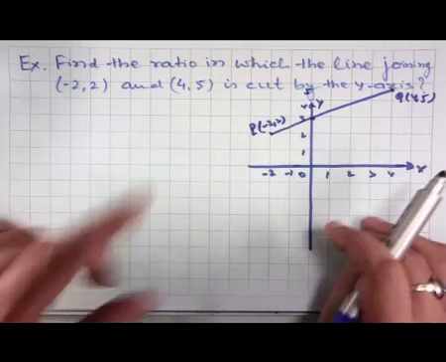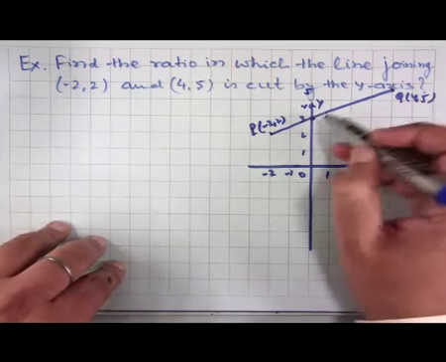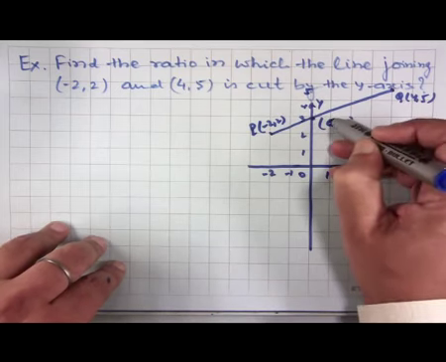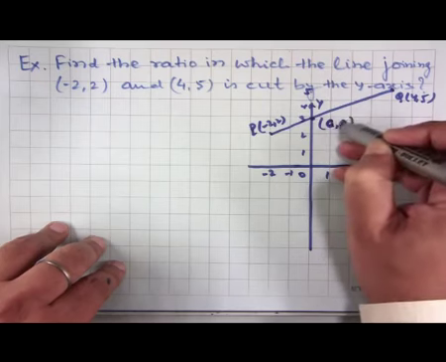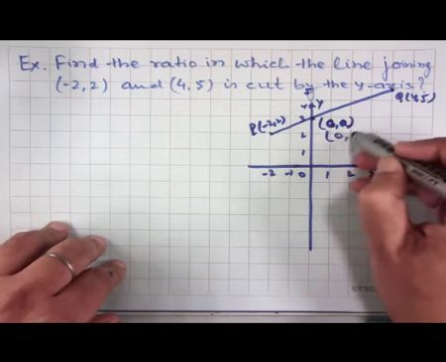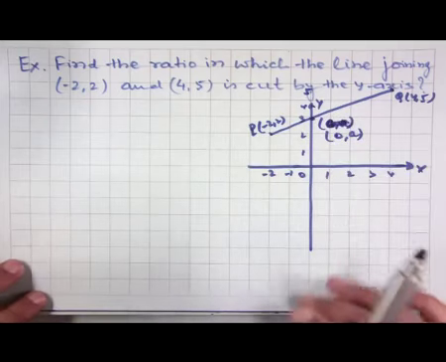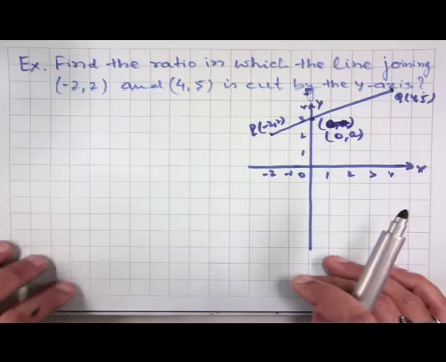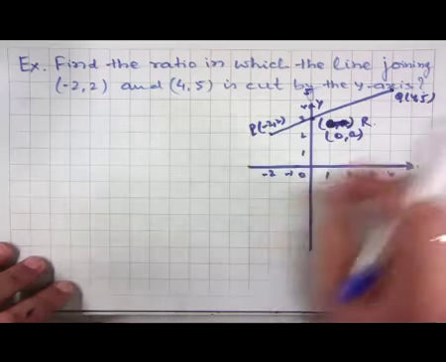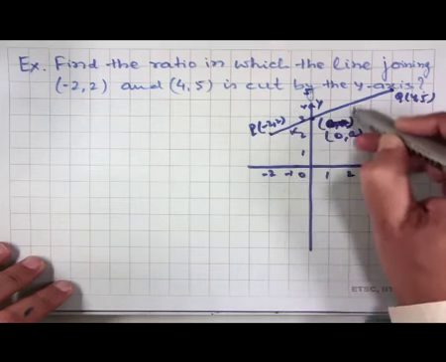And we know that the point on the y-axis is (0, a). Let us suppose that this point is R. This R divides this PQ in k:1 ratio.